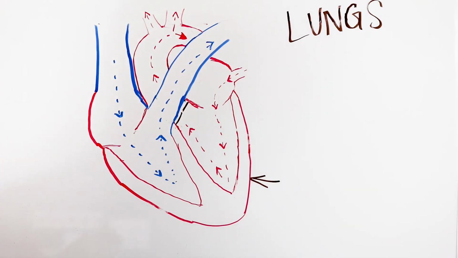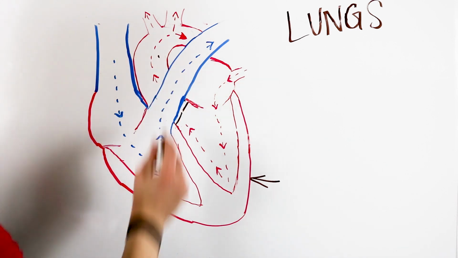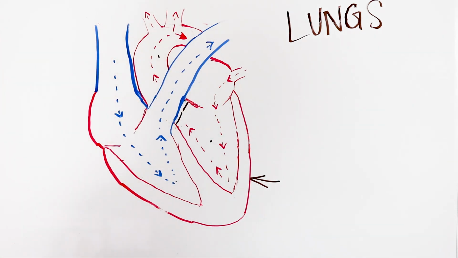Now, the blood pressure is the difference between the pressure in your aorta and the pressure in your ventricle, your left ventricle specifically.